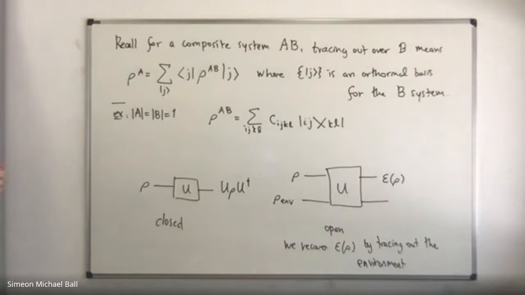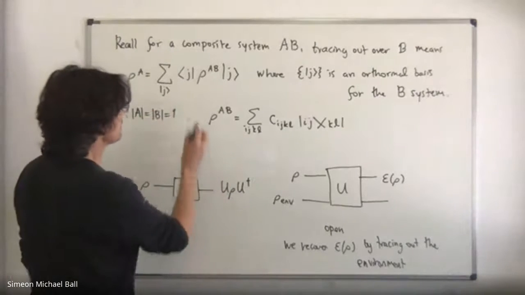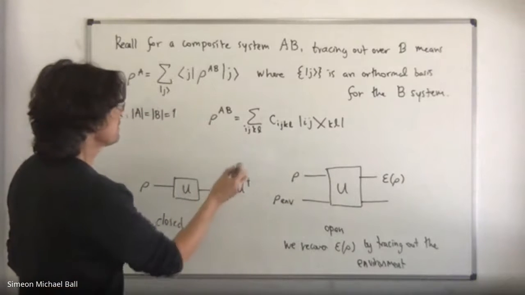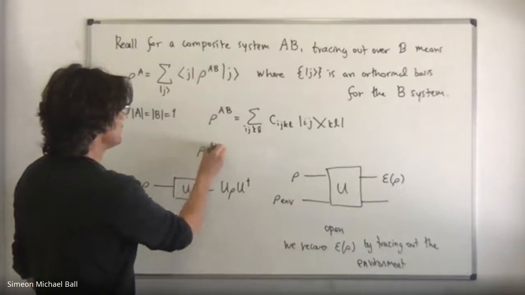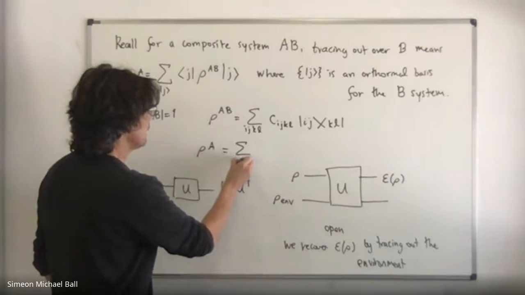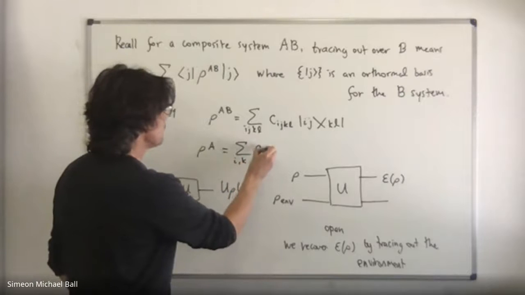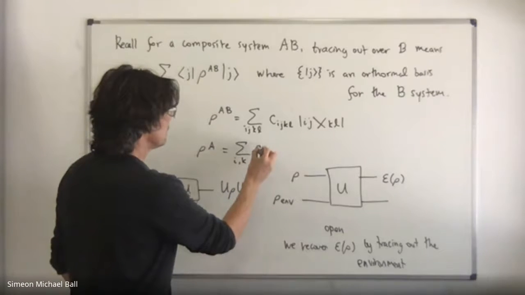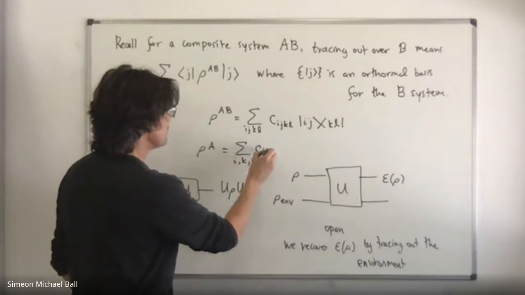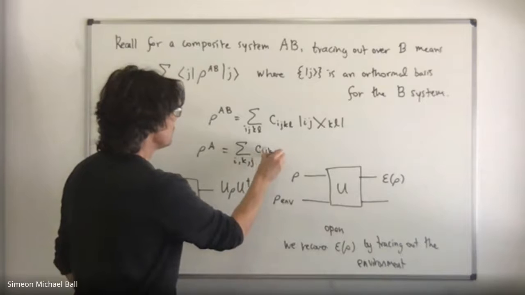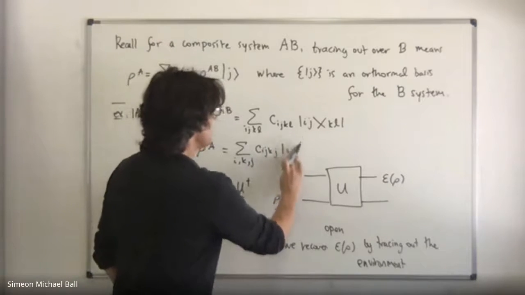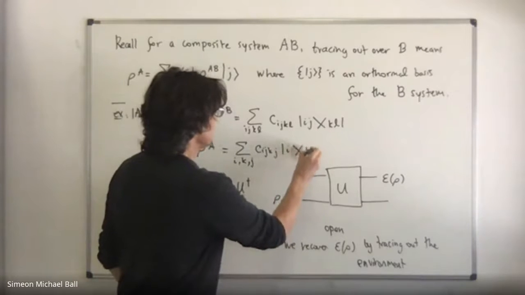And if we trace out over the j, so let's say this is just using the computational basis, then rho_A is going to be the sum over i and k of c_ijkj |i><k|.